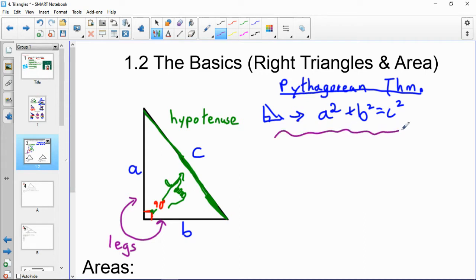However, as you can probably guess, with all those squares, you're going to have to do quite a bit of calculating every time you use the Pythagorean theorem, because you have to square numbers and then subtract and take the square root in order to get to your final answer. So I'm going to show you something else that's very important.